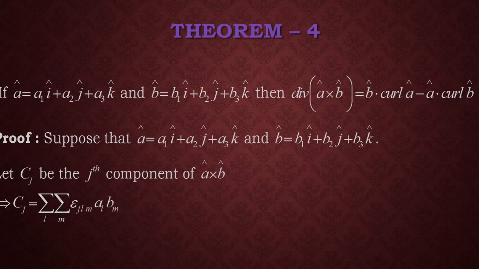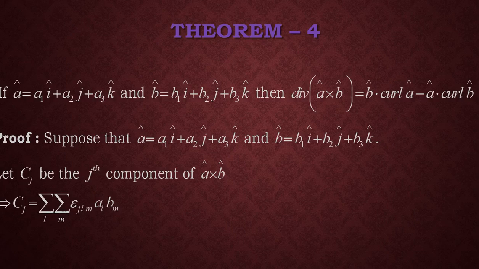Now we represent this coefficient Cj or the jth component of A cap cross B cap by using the Levi-Civita tensor.